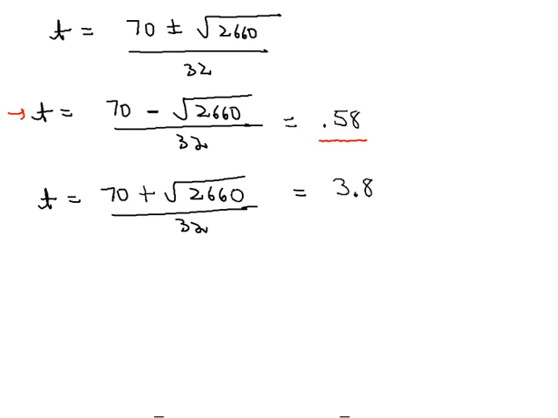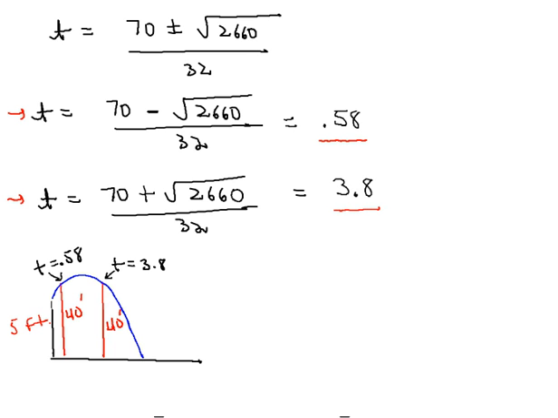And for the second expression, we have t equals 70 plus the square root of 2,660, divided by 32, and the decimal approximation for that is 3.8. Now you might be wondering, is it really possible to have two different values for t in this particular situation? Let's take a look at the diagram below to get an idea just why both of those t values are indeed legitimate.